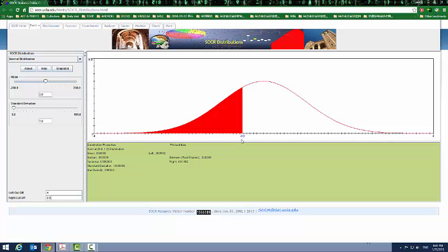So we can say this value is approximately the 31st percentile in the standard normal distribution. And you can also say that around 70% of all observations lie above this z-score.